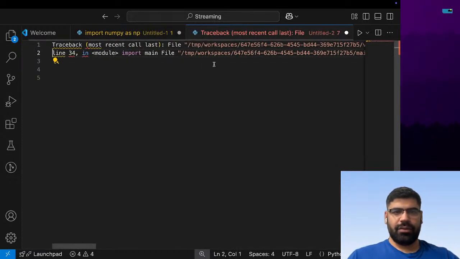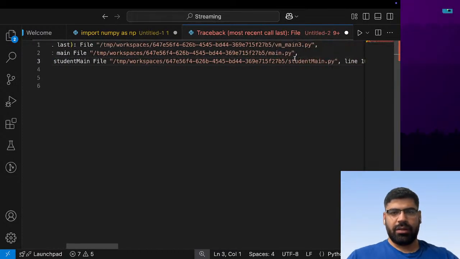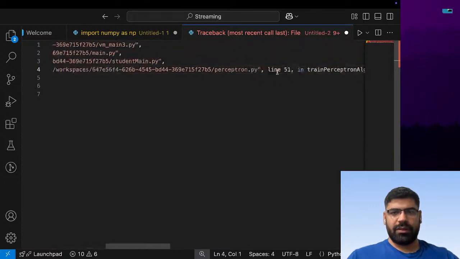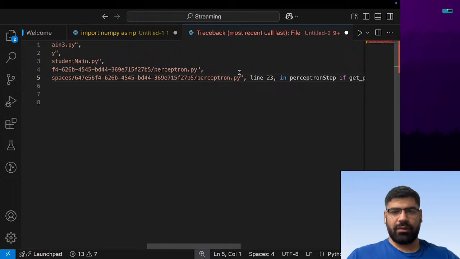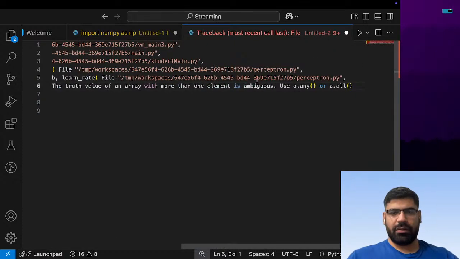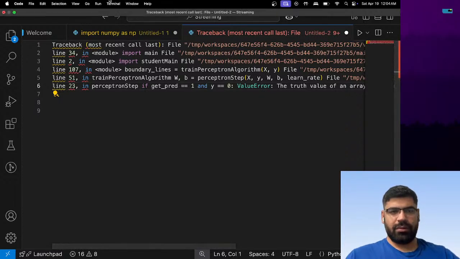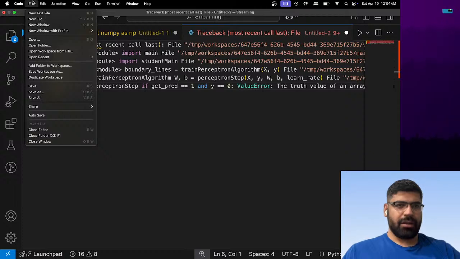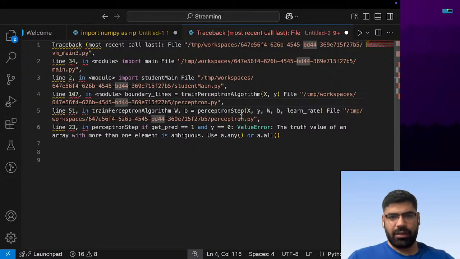Line 34 in module file, line 2, line 107. Okay, I can do view word wrap.